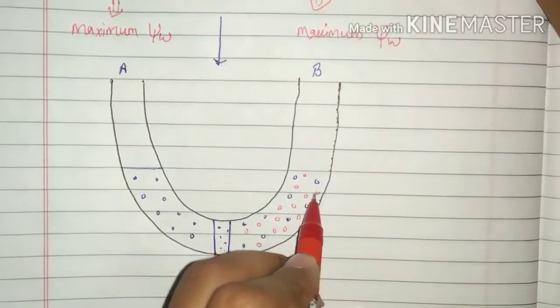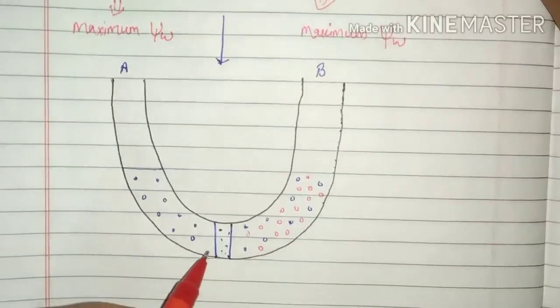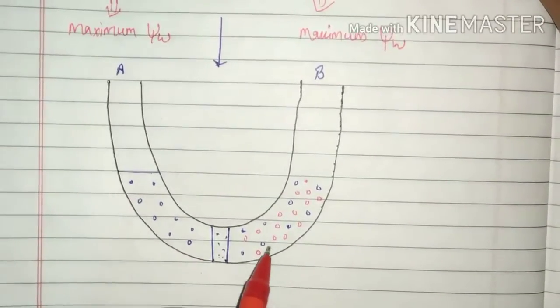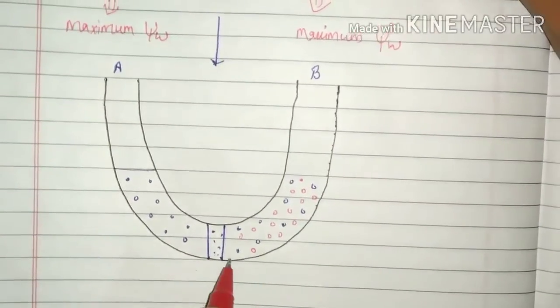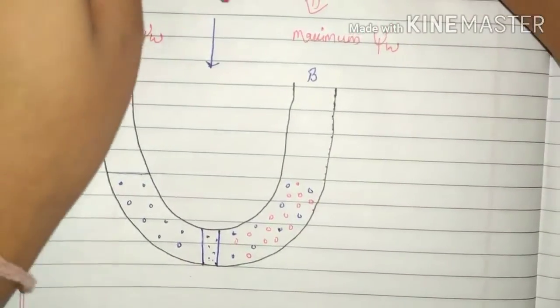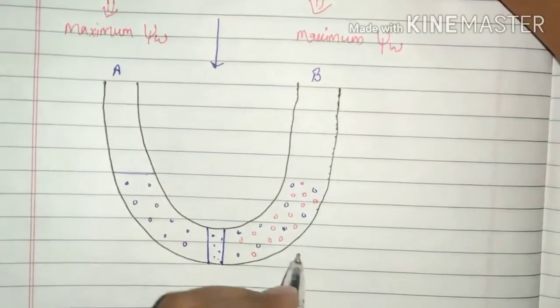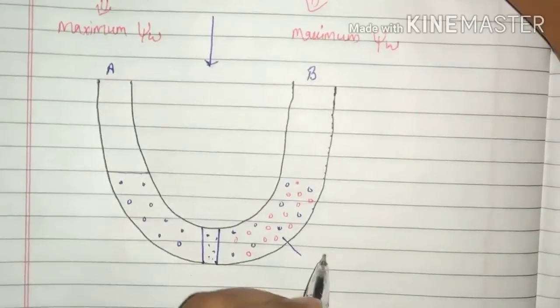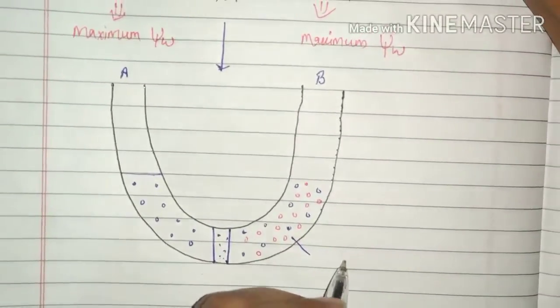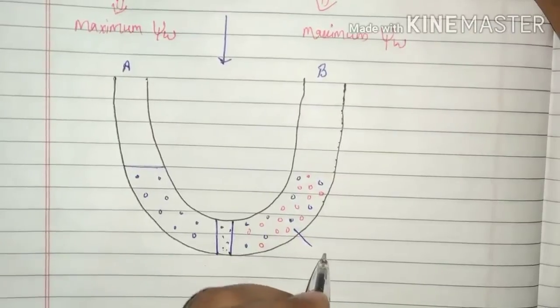Adding solute molecules in the B chamber, the B chamber becomes highly concentrated.